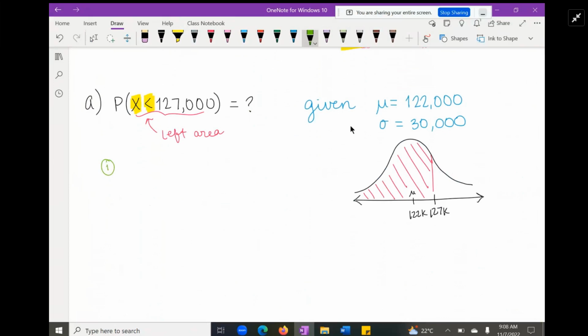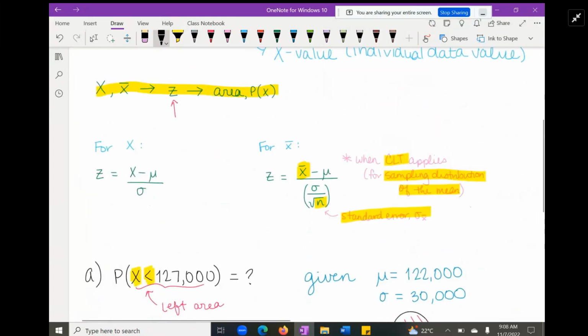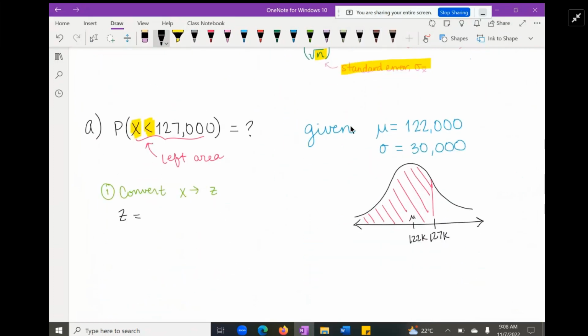Okay, so the first thing we need to do is convert x into z, because z is going to help us find the area conveniently. So we're going to apply that formula. Remember, we're going to use the first one there for x. So we're going to plug in 127,000, subtract 122,000 from that, and divide by 30,000.